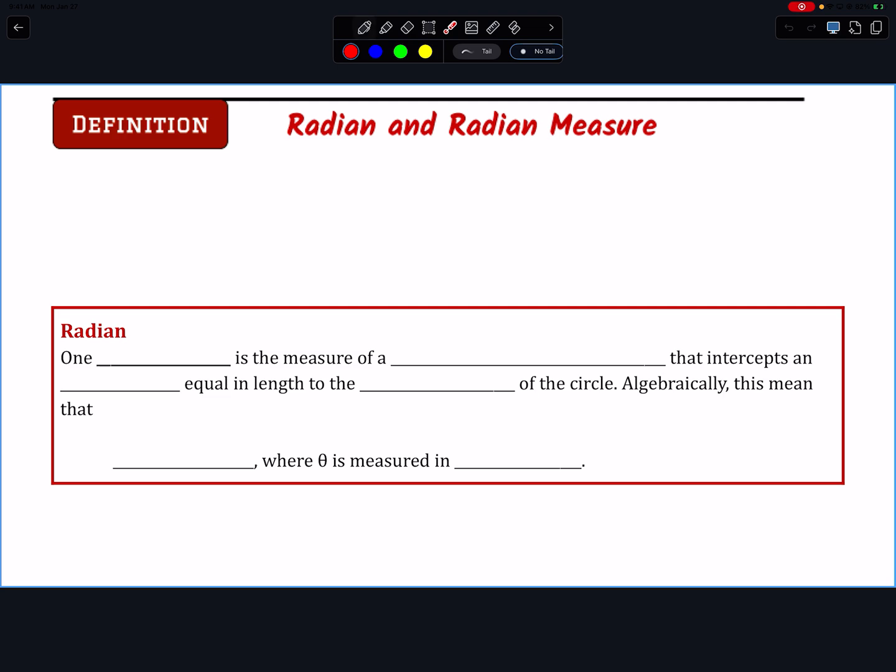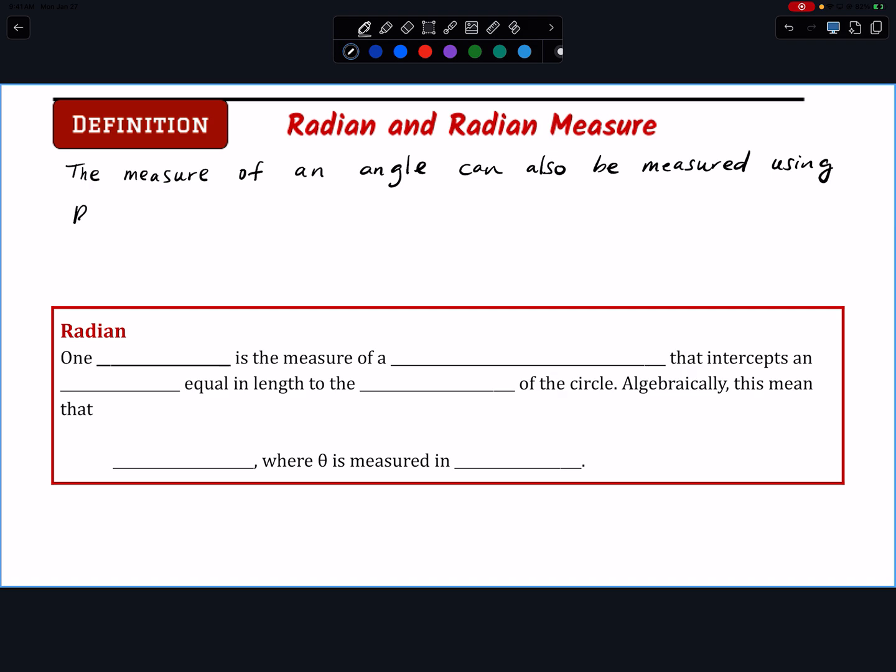All right, the measure of an angle can also be measured using radians, which we use in calculus.